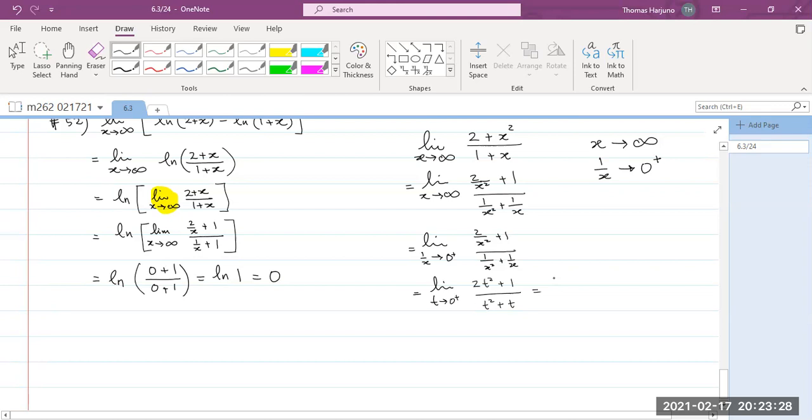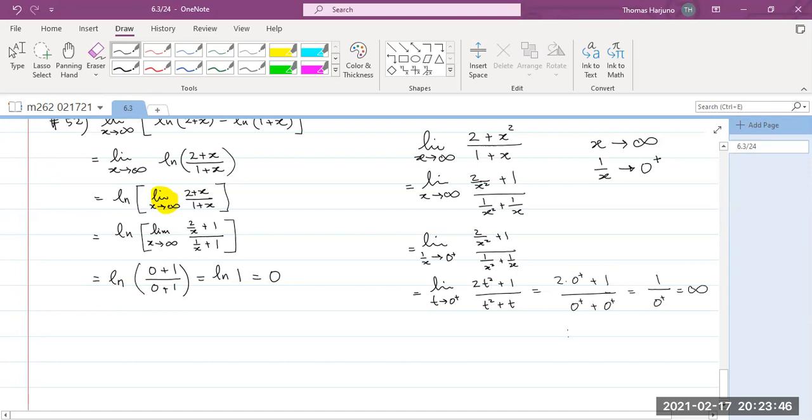Then this will be 2 times 0 positive plus 1 over 0 positive plus 0 positive. At the bottom you will get 1 over 0 positive, that's infinity, not negative infinity.